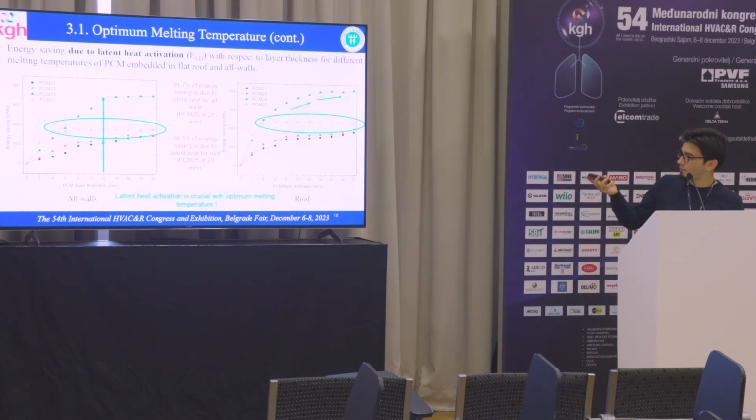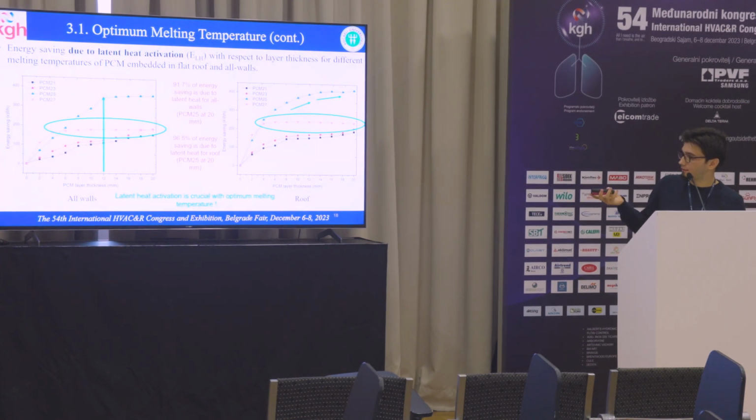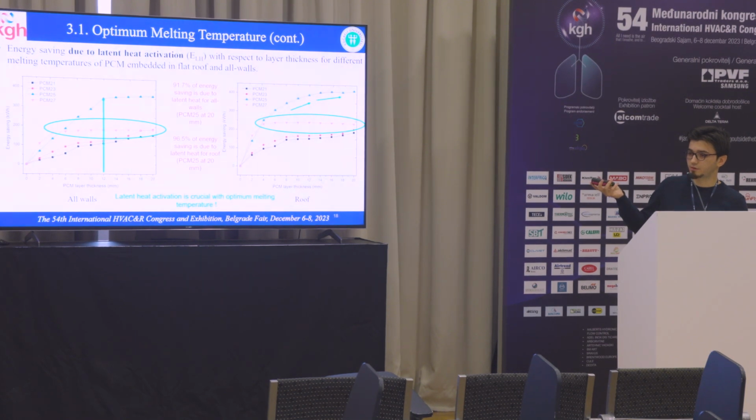And when we see all walls and the roof cases, 91.7% of energy saving is due to the latent heat exploitation, and 96.5% of energy saving is due to the latent heat exploitation for the roof also. And this result shows that it is crucial to activate latent heat when we use PCM for energy saving in buildings.